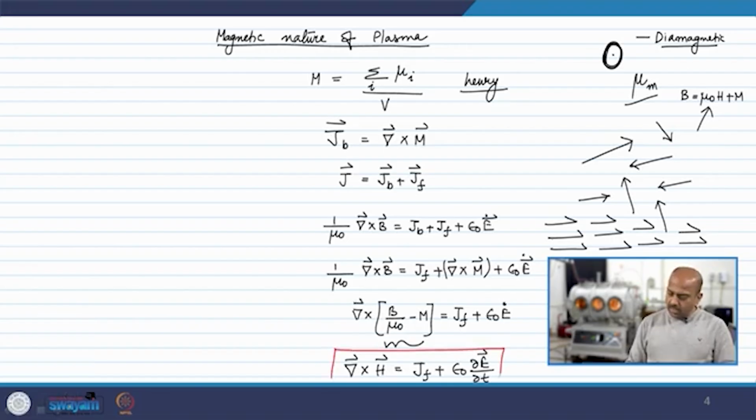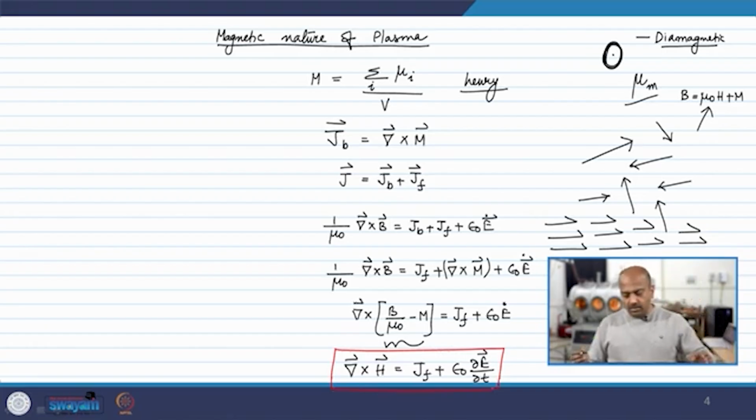Now, this expression has the effects of bound as well as free current densities, right. Now, in this expression we see two vectors, right. We see capital H and capital E. Capital H is the magnetic field strength, E is the electric field, and we also had B before this equation was written.